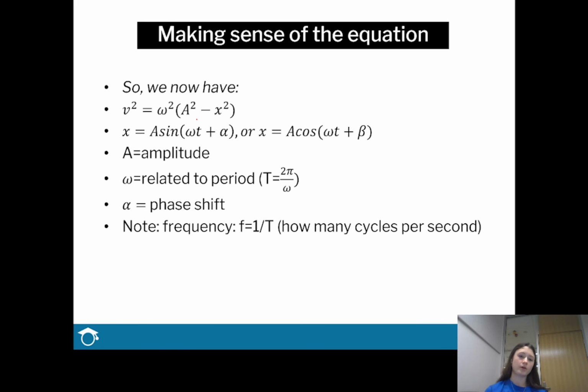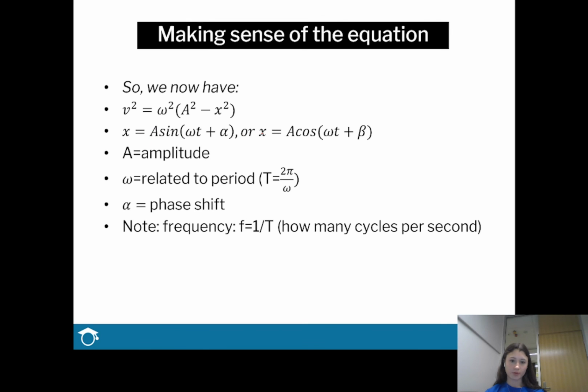V is velocity, omega, the W-looking thing, is angular velocity, which is measured in radians per second. A is the amplitude, or the end point. Obviously, the end point is going to be some distance away from the equilibrium, which is the amplitude. And then x is the displacement at a given time.